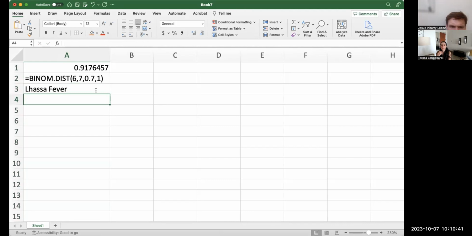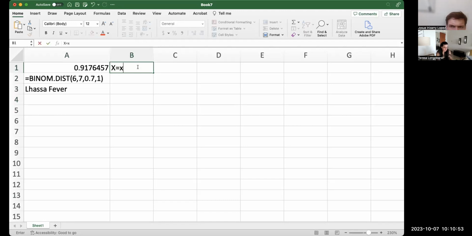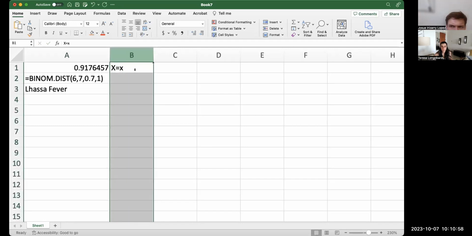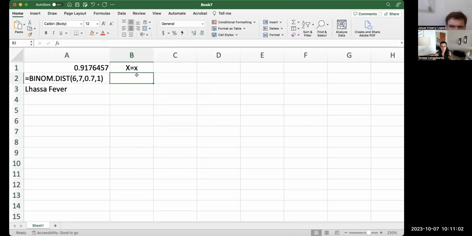So let's say you want to make the entire distribution. You don't want to just get an answer. You want to see the distribution. We can do that. What I can do is put x equals little x here, and use the binomial formula.